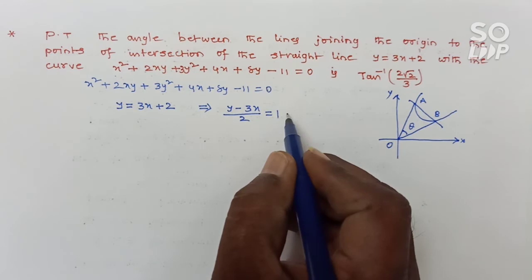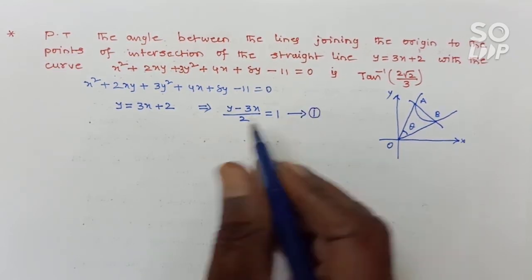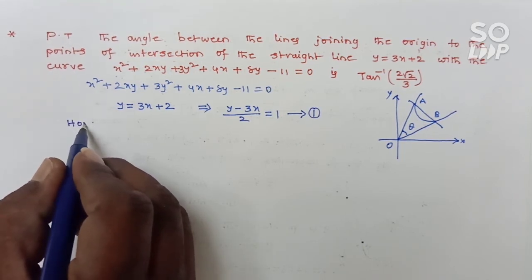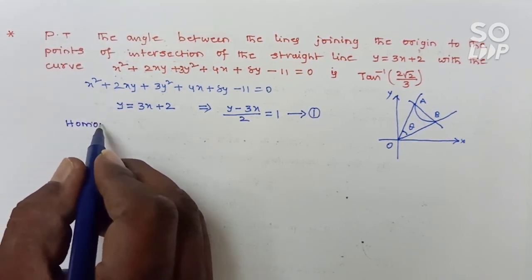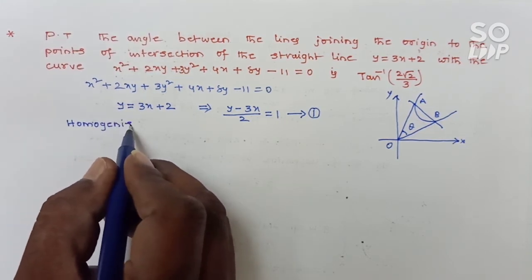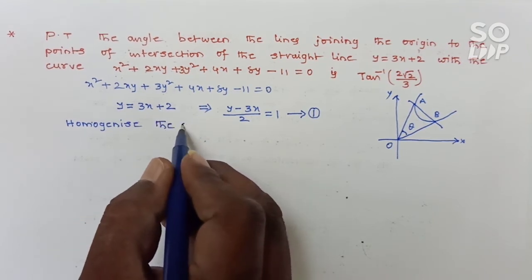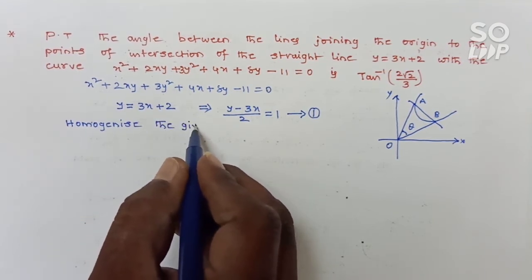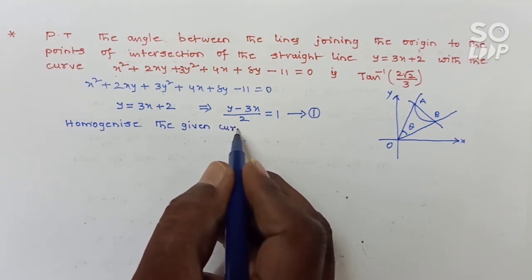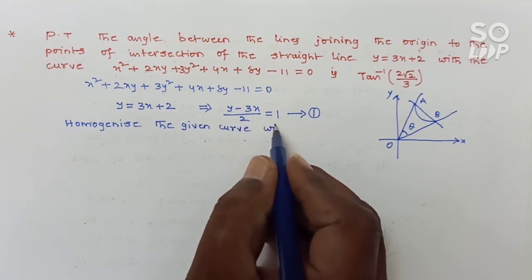Let this be equation 1. Now homogenize the given curve with equation 1.